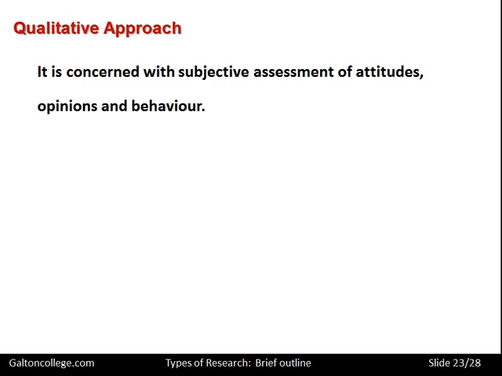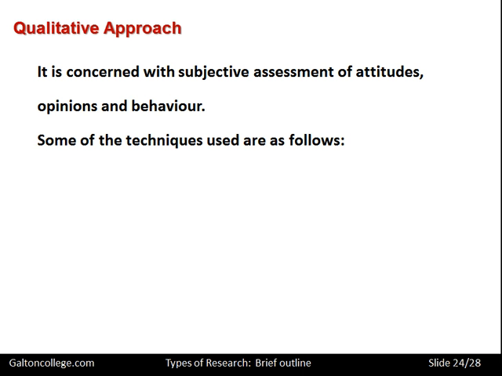Then we've got the qualitative approach. This is concerned with the subjective assessment of attitudes, opinions and behaviours. It's qualitative. It's looking at the subjective, the opinions of respondents. It's looking at their attitudes and their opinions and their behaviour.